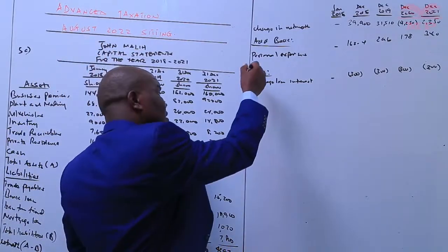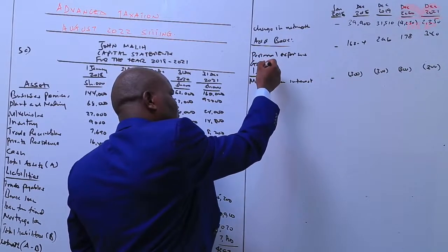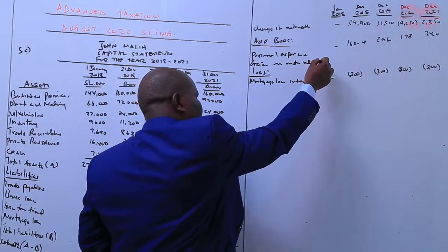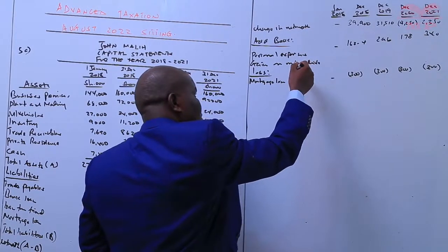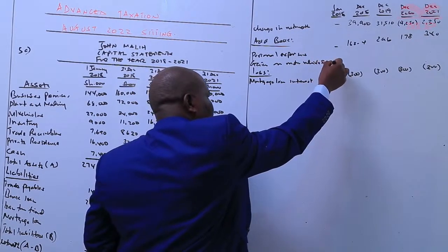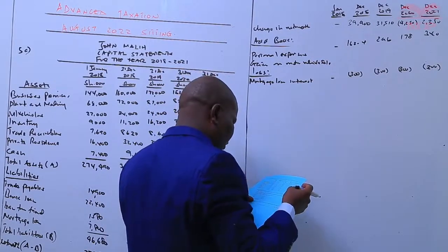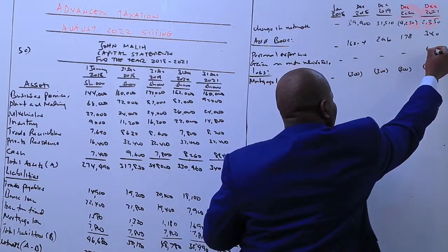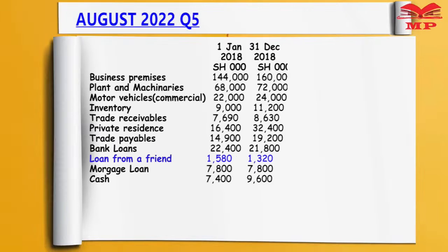So we write here, gain on motor vehicle disposal or sale, and it was for 2021. So we write here 600.